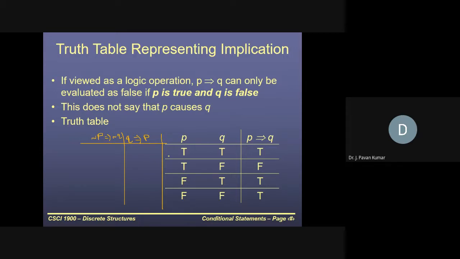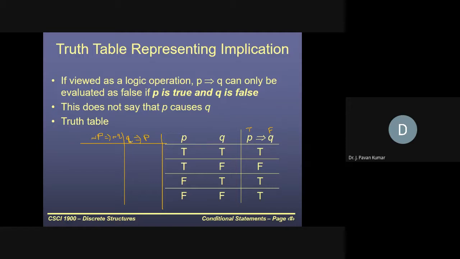Yes, please answer. Q implies P. What is the P implies Q truth table? Whenever we have the first value as true and the second value as false, then only the result is false. In all the remaining cases it is true.